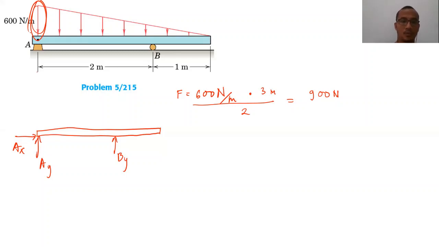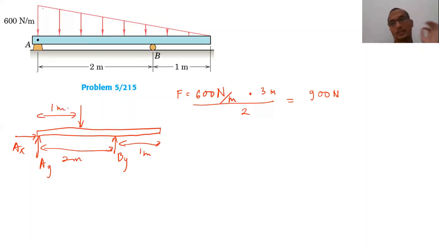If the total length is 3 meters, 1/3 of the length will be 1 meter, so roughly around here. So the length here is supposed to be 2 meters, and this is 1 meter, and this is 1 meter as well. And the value is 900 Newton.